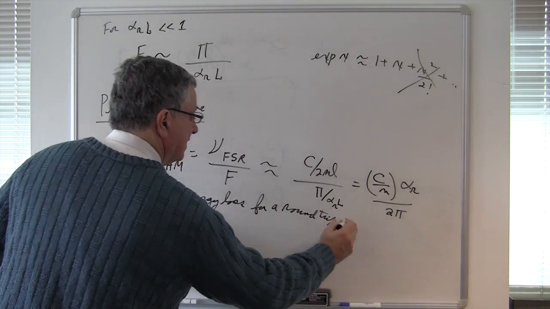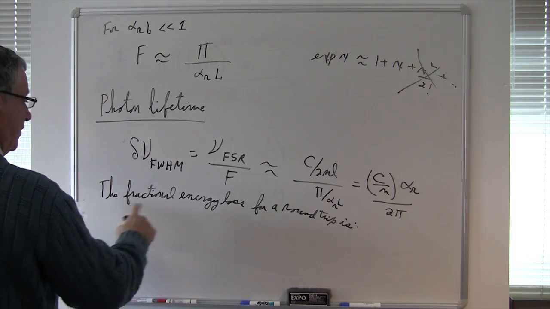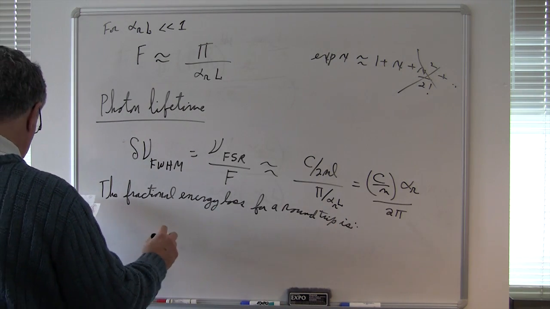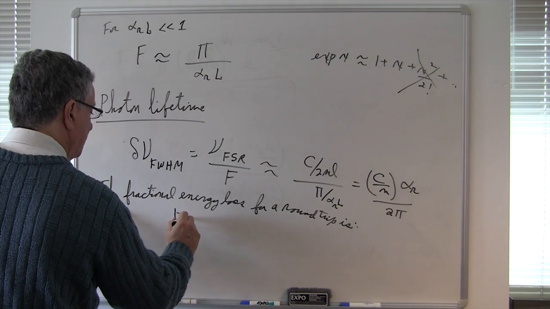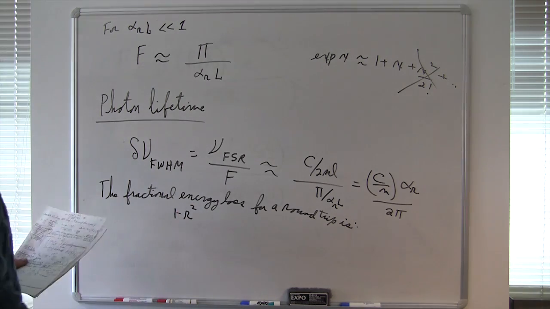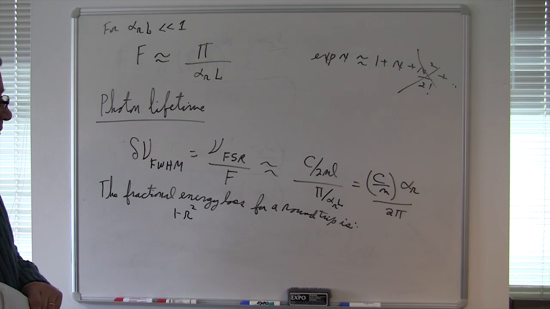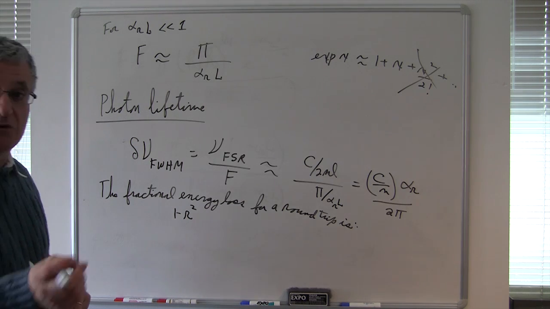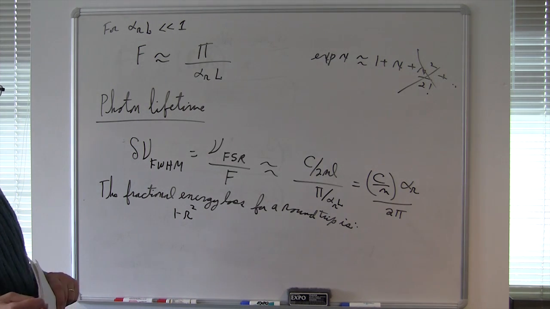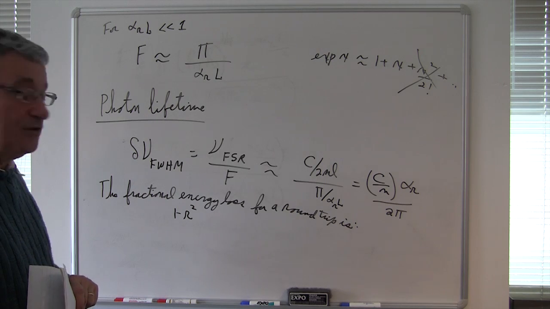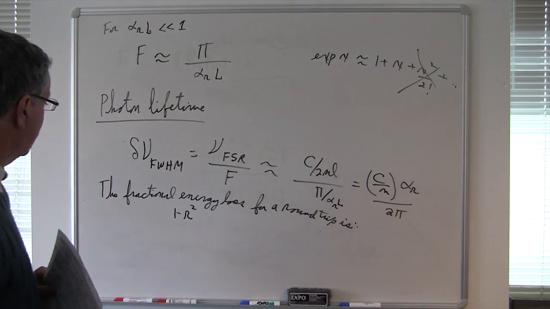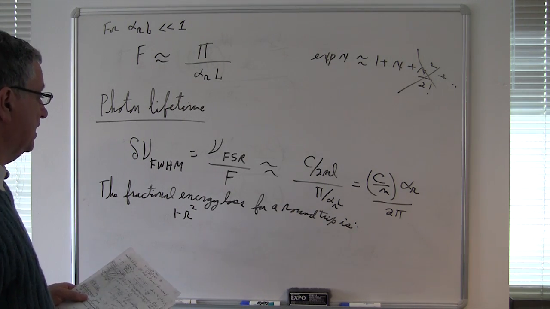This fractional energy loss for a round trip is 1 minus R squared, where R is the little r that we have introduced before. That's the fractional energy loss for a round trip, because R squared was the fraction of the incident intensity that was left after one round trip. So 1 minus R squared is the fractional energy loss for a round trip.